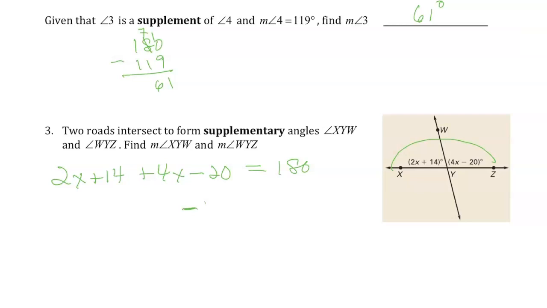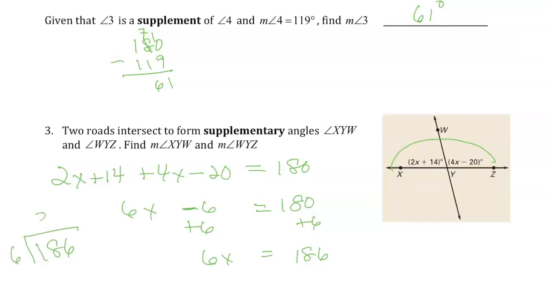That gives me a negative 6. Add your x's together. I have a 6x. So 6x minus 6 equals 180. Add 6, add 6. 6x equals 186. So take your 186 and divide into it 6.